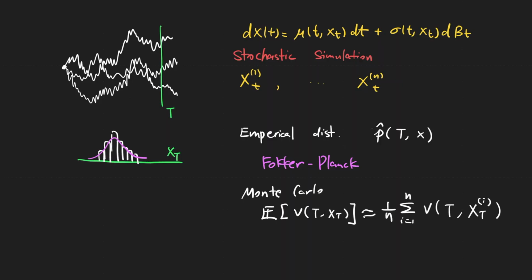The Fokker-Planck equation tells us the evolution of the density function, which means solving it gives us the probability density function. For the Monte Carlo approach, there's another PDE associated with it, known as the Kolmogorov backward equation.